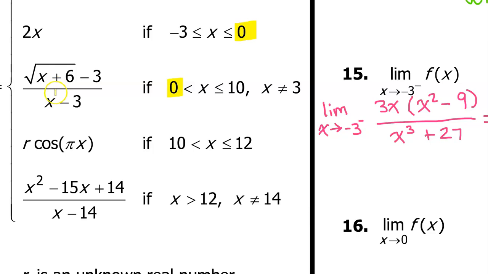We're going to have to evaluate and find the limit for both pieces, because for this limit to exist, the limit has to be the same as we approach 0 from the left and as we approach 0 from the right. So when we approach 0 from the left, we will deal with the 2x. When we approach 0 from the right, the other piece will apply. So we're going to have to look at both.